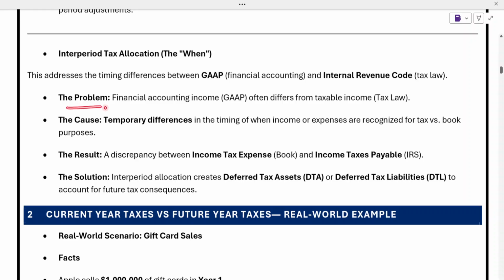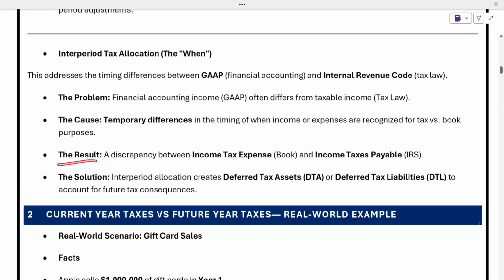Now the problem statement is that financial accounting income often differs from taxable income, as I told you. The cause is that there are certain temporary differences in the timing of when income or expenses are recognized for tax versus books. One example we saw was depreciation, where higher depreciation in tax and lower depreciation in accounting may be there.